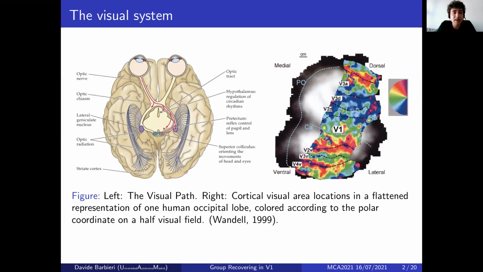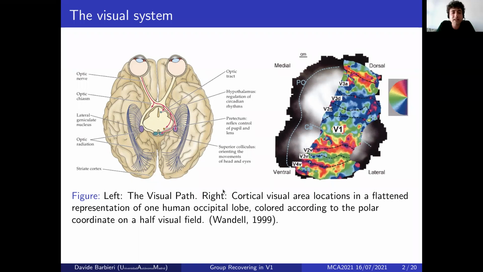So let's see. The neurophysiology behaviors that I'm interested in are related to the visual cortex. The visual cortex is the area here on the back of the brain where most of the image processing is performed.